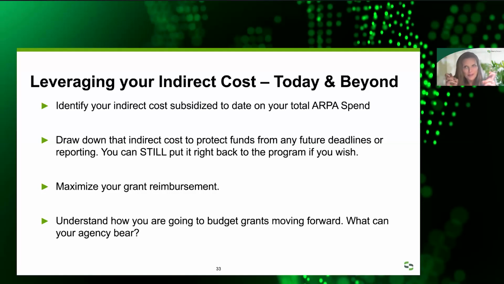And the reason why I use my little air quotes is because depending on the size of your organization and your grant portfolio, if you have, as a governmental organization, less than $35 million in direct federal funding, excluding ARPA. So we don't talk about ARPA, that has nothing to do with it.